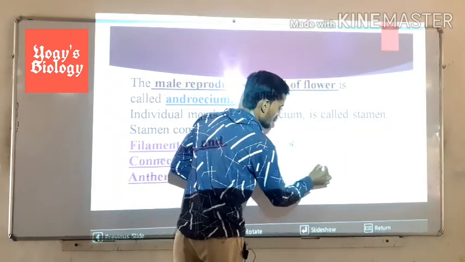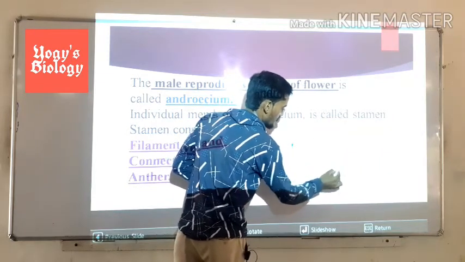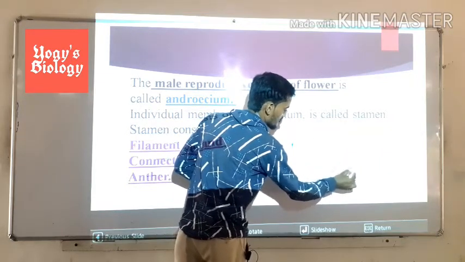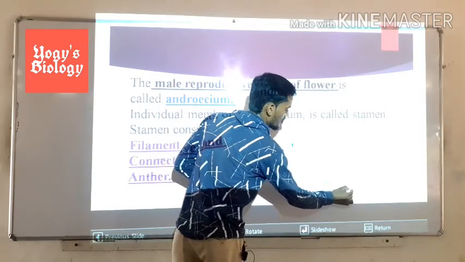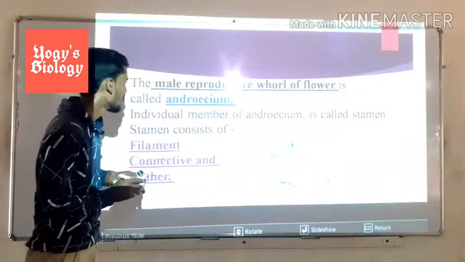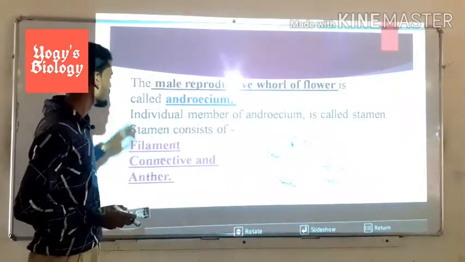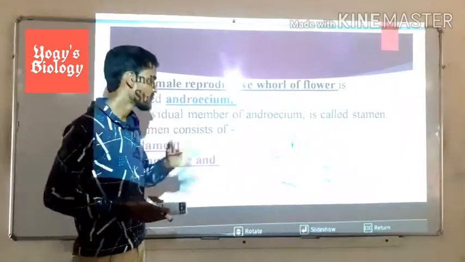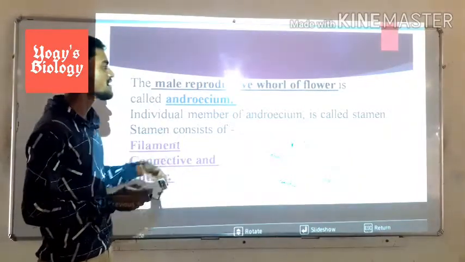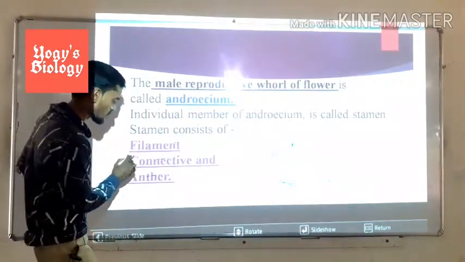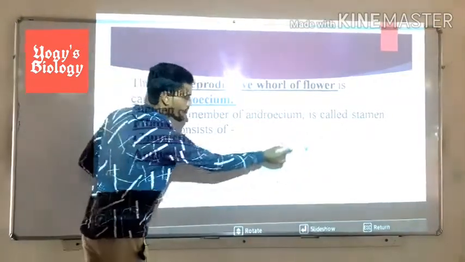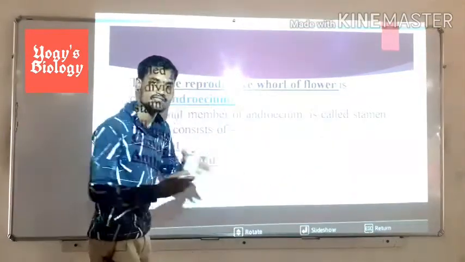The androecium, or male reproductive organ, is an essential whorl of the flower. Each individual member of the androecium is called a stamen. Stamen consists of filament, connective and anther.